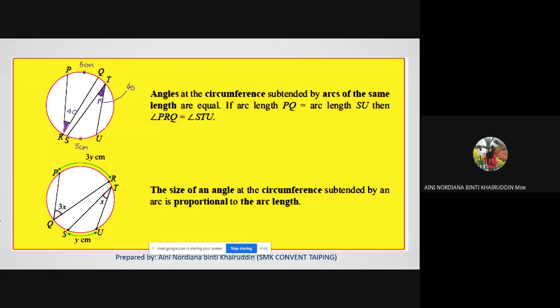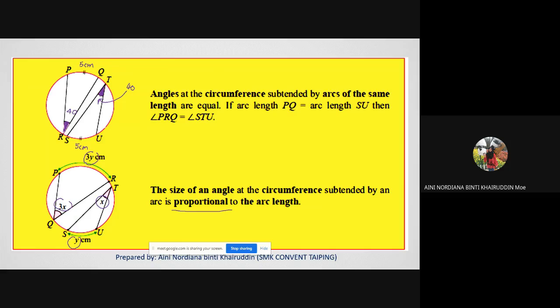But if the angle different size but proportional, mean here is y cm and here 3y, then the angle bigger 3 times. You look at the arc, the distance or the length of the arc.